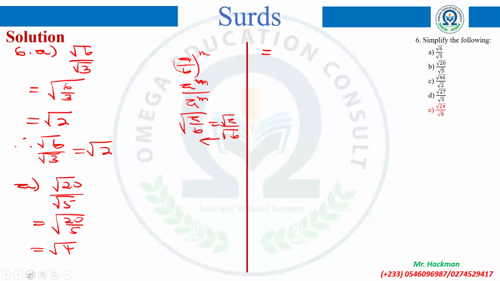Otherwise, if you write equal to, you are now going to draw your conclusion. So take notes of that. My professors, are you following? Yes, please. So therefore, root of 20 over root of 5 will be equal to root of 4, which you know 4 is a perfect square, so it will give you 2.